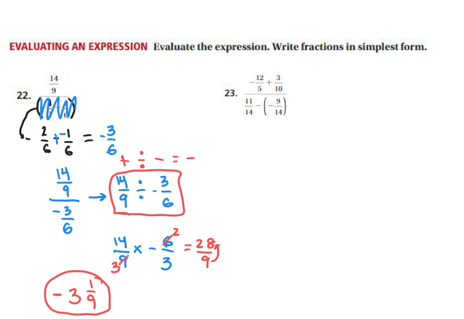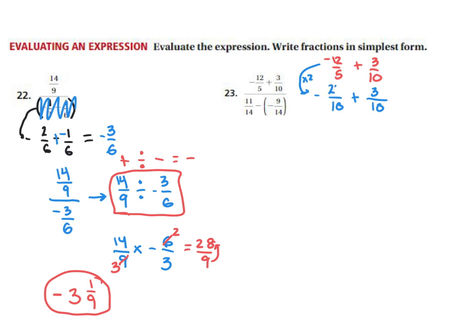So on top, we have -12/5 plus 3/10. So we're going to need to rewrite with common denominators, and those common denominators would be 10. 3/10 can stay the same. On the left side, we multiplied by a factor of 2 to get from 5 to 10, so we'd multiply -12 by 2 as well.